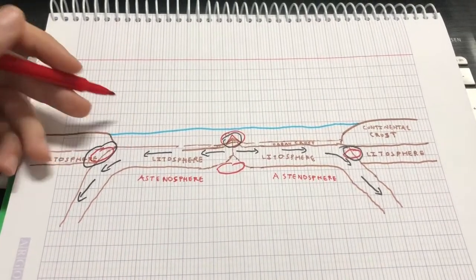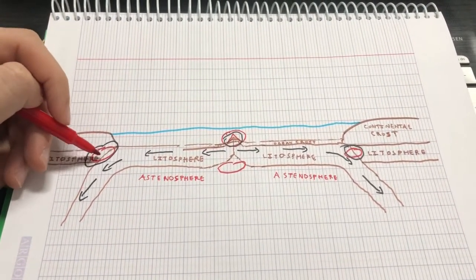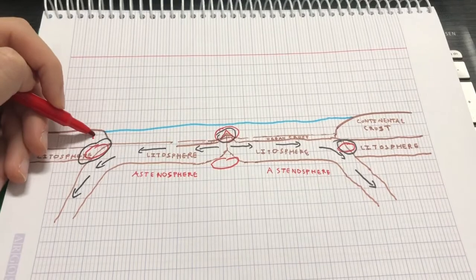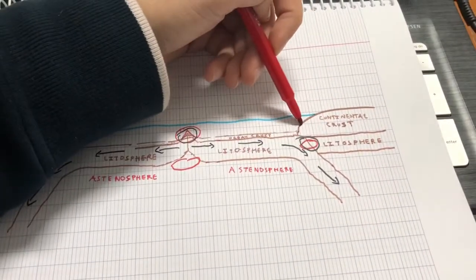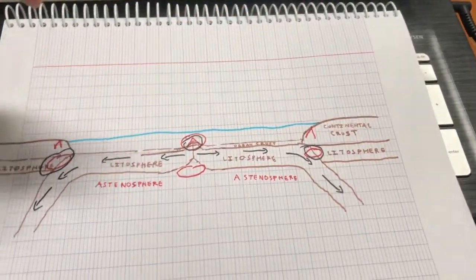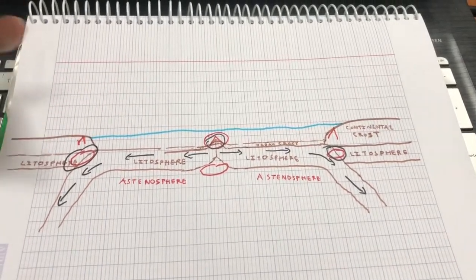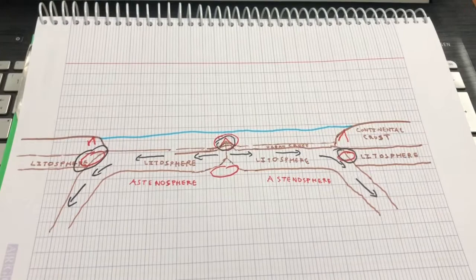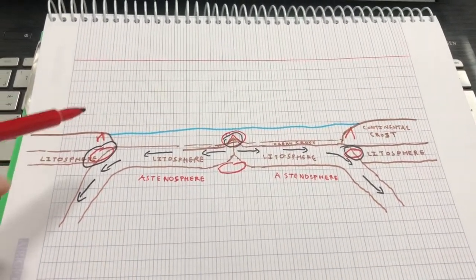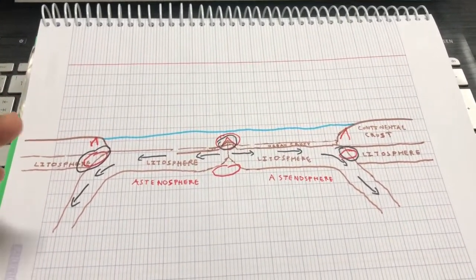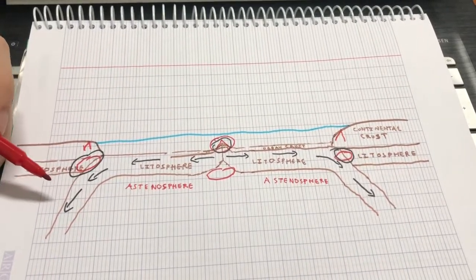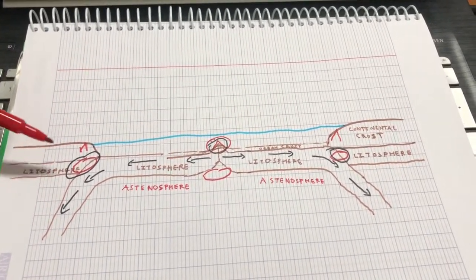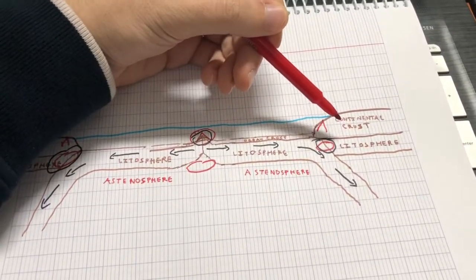The volcanoes formed from the subduction zones will be explosive and dangerous volcanoes because of the high silicon content due to assimilation and the melting of the continental crust.